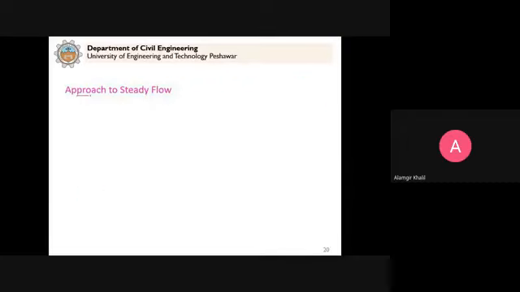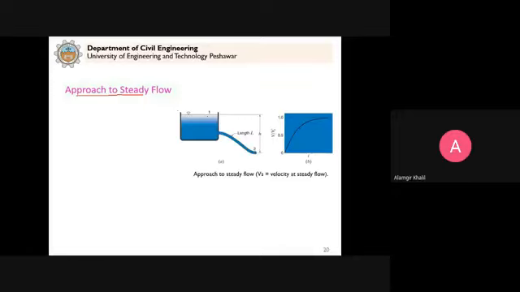Now the next thing is approach to steady flow. In this topic, what essentially we are looking for is that when we have water in a tank, you can see at this point 2, the water that is going to flow out will be under this head H, as we already discussed. So when you suddenly open the valve, the water will rush out from here at this point.